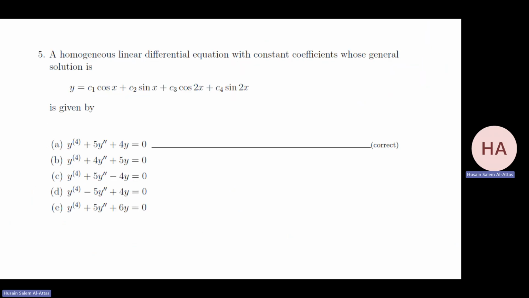Okay. Homogeneous linear differential equation with constant coefficients, whose general solution is this. So I'll find the roots. What are the roots here? Plus or minus i. What are the roots here? Plus or minus 2i. So the auxiliary equation will be (r minus i)(r plus i)(r minus 2i)(r plus 2i) equals 0.